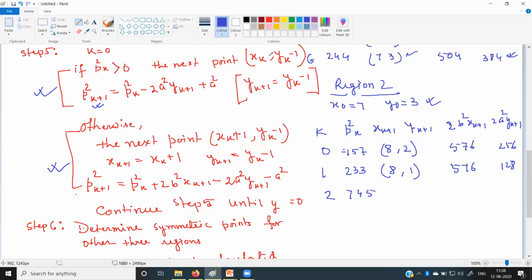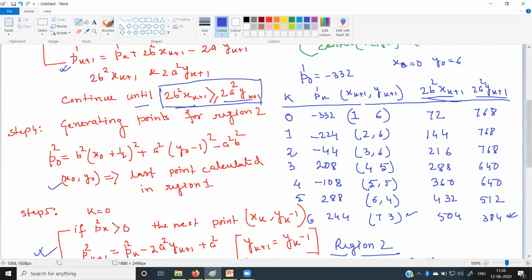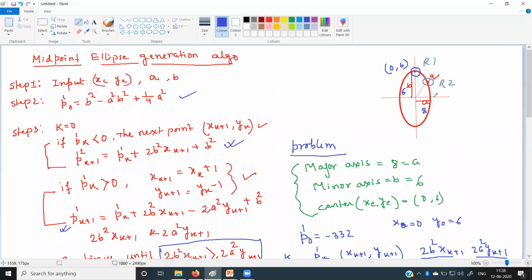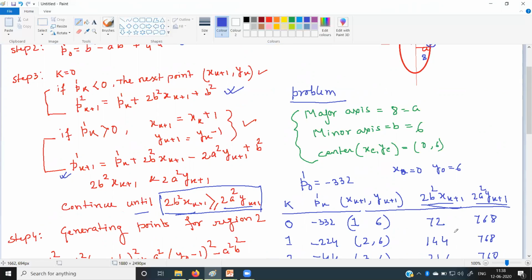That means x will remain as it is, but y will be decremented by 1, so y will be 0. Now as y is 0, the computation of all points has been done.